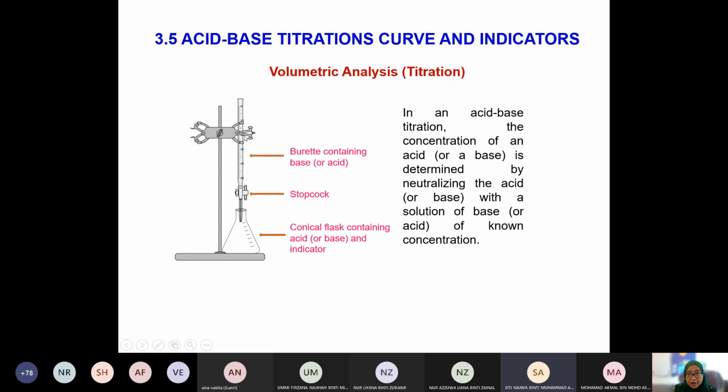Then we can link using stoichiometry. We have a balanced equation, and then we have stoichiometry, and then we can relate from there. So that's why they say the concentration of an acid is determined by neutralizing the acid with a solution of base of known concentration. Okay, this is by using stoichiometry.